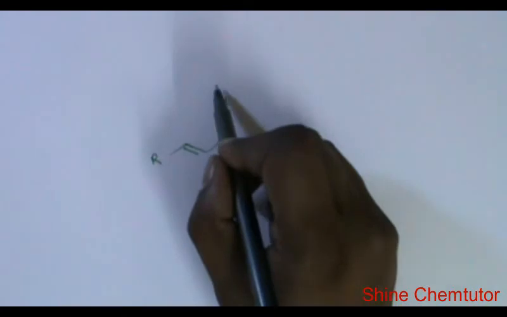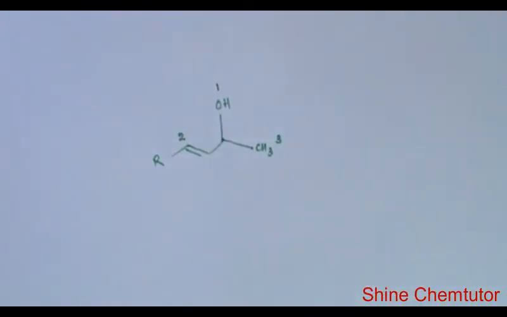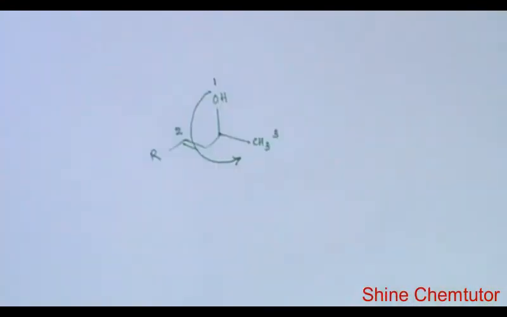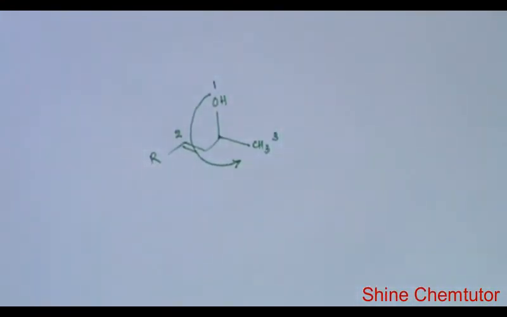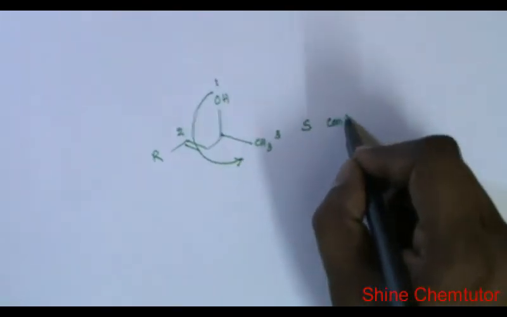The priorities we have already seen: 1, 2 and 3. You can see here it is anti-clockwise direction. So this is S configuration.